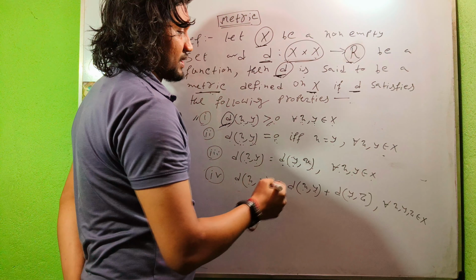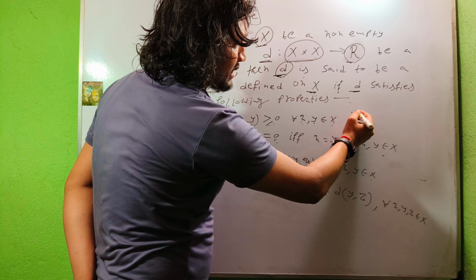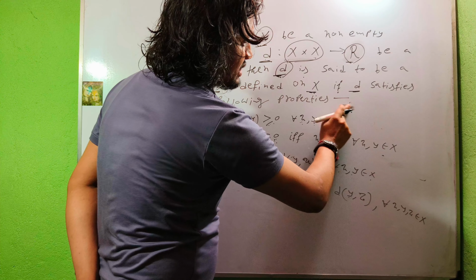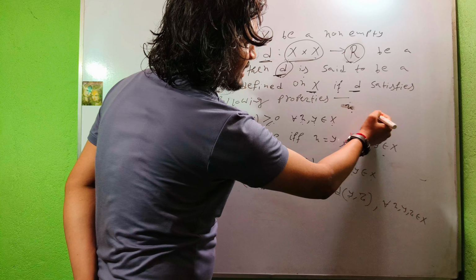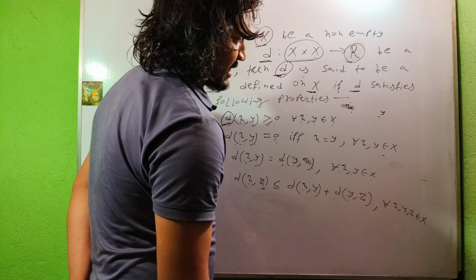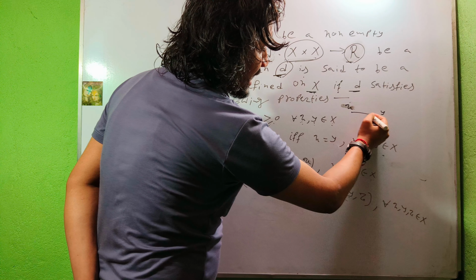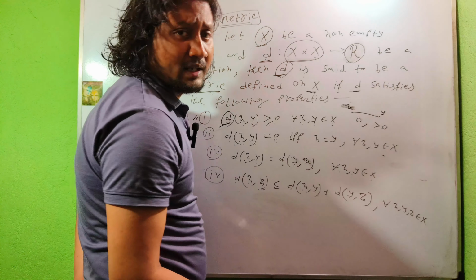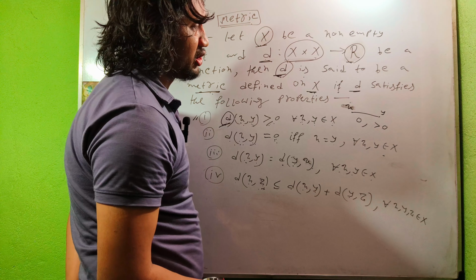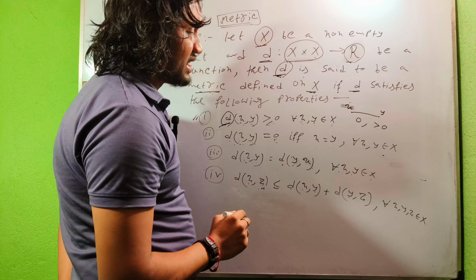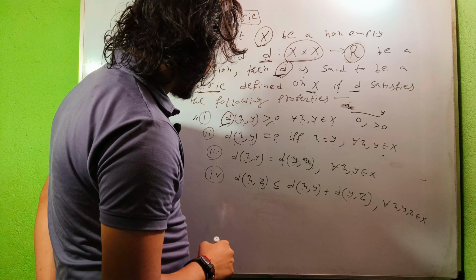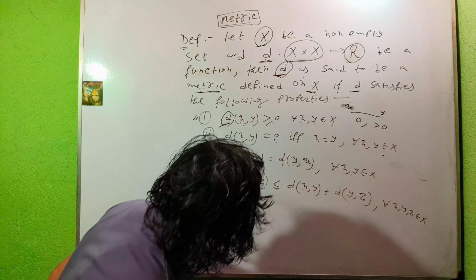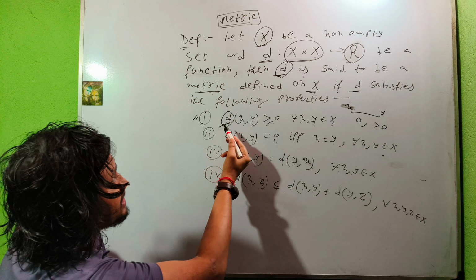If we take any 2 points X and Y from the set X, then the distance is either 0 or greater than 0, but never less than 0. That is, distance is never negative. So the first property is that the distance between X and Y is greater than or equal to 0 for all values of X and Y belongs to X.